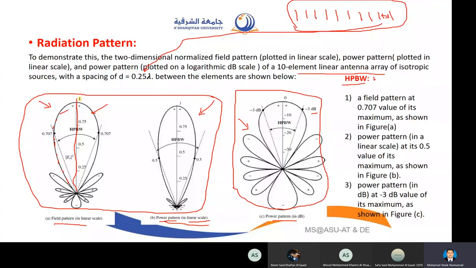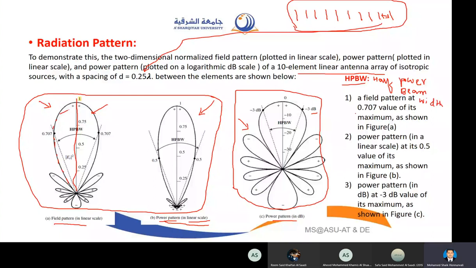HPBW means half power beam width. So how to find this half power beam width?